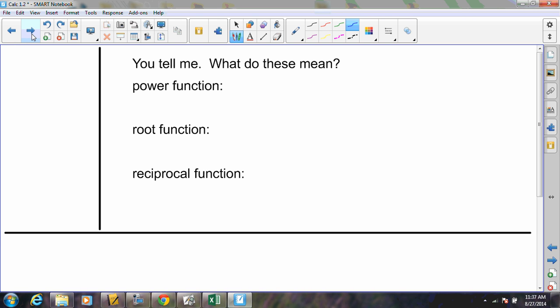Let's go with these other ones. What is a power function? Yeah, basically, you have an exponent. So something like x to the fourth power. You could also have a coefficient, so you could have something like negative 3x to the fourth power. That's a power function. What is a root function?